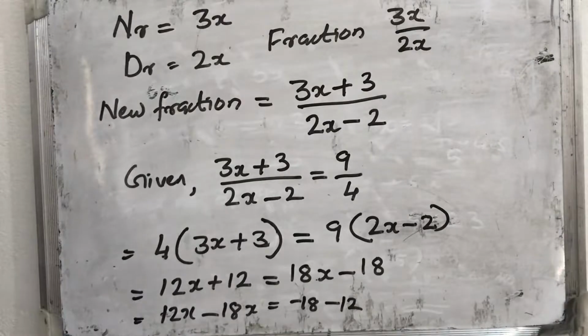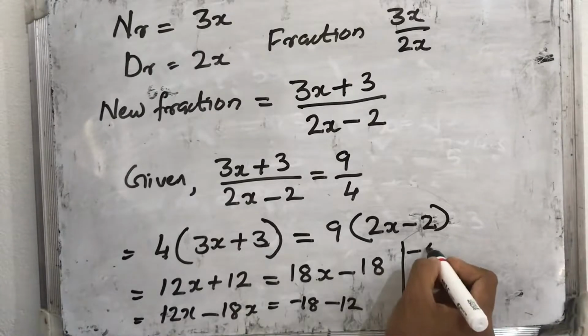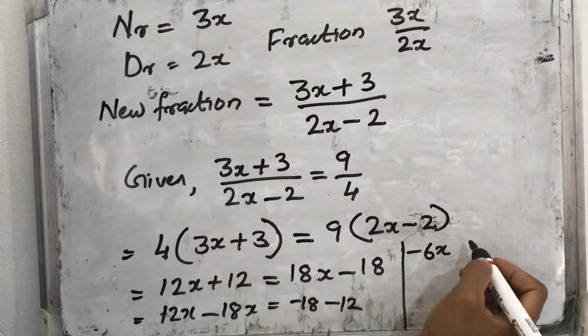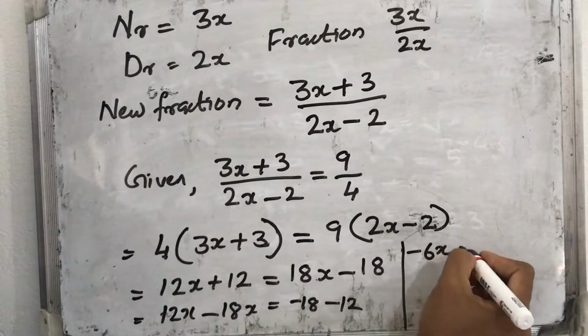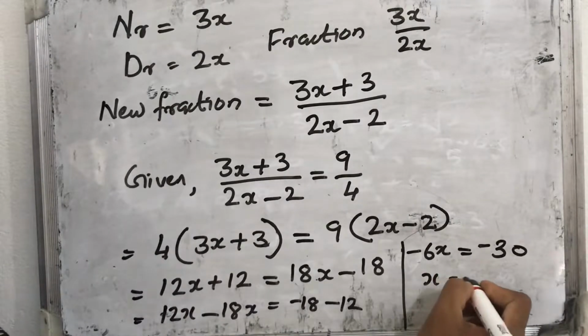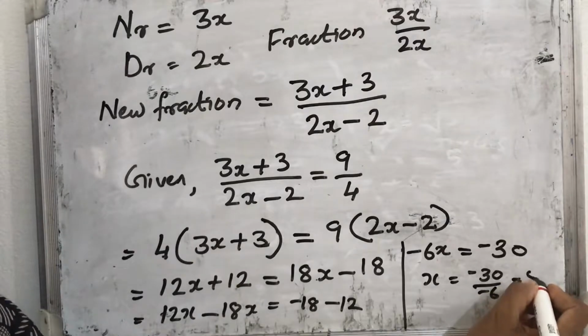After simplification we will get 12x minus 18x, which is minus 6x, equal to minus 30. So x equals minus 30 by minus 6, we will get 5.